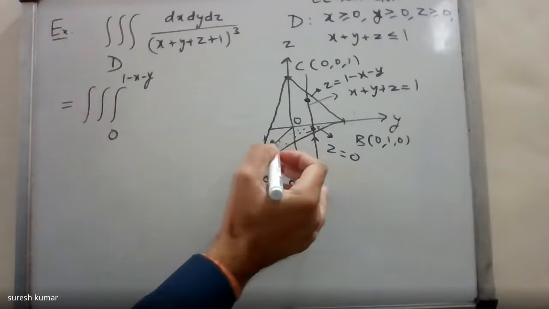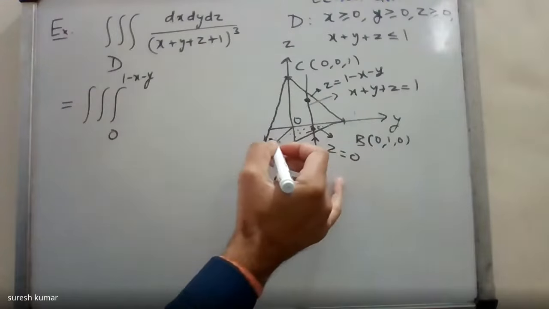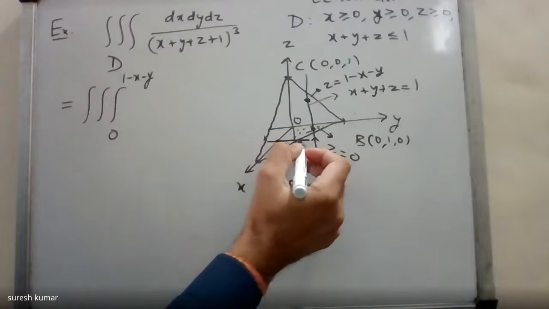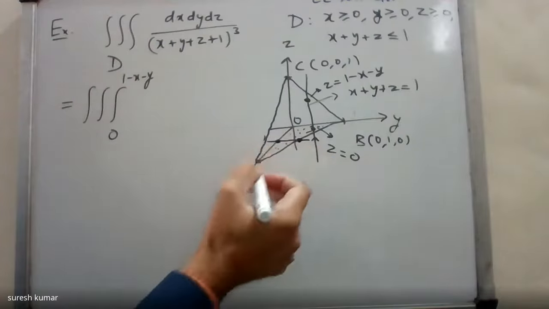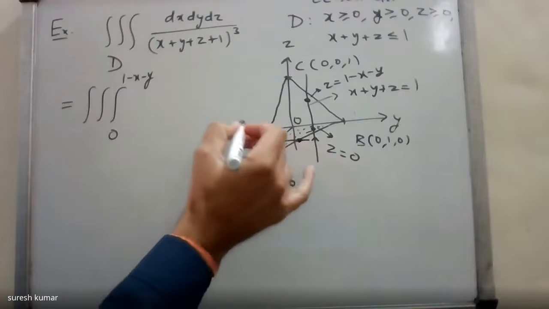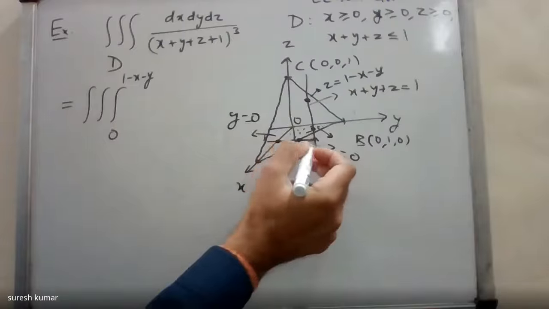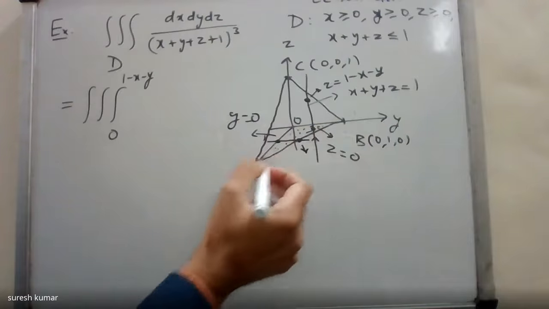Either choose a line parallel to y-axis or parallel to x-axis. So let's choose a line parallel to y-axis. Where it enters, what is y on this line? This is x-axis, here y is 0. And where it leaves, it leaves on this line. What is this line?